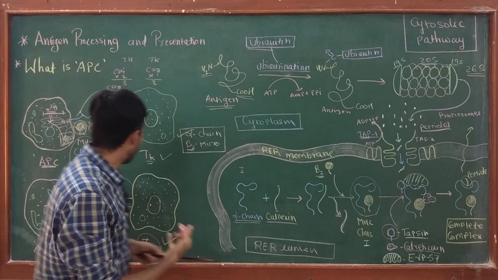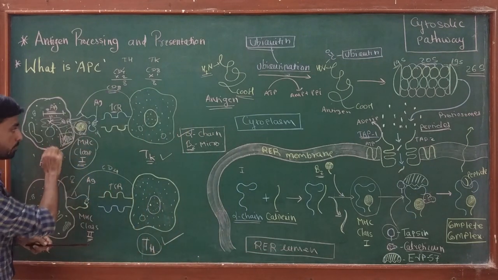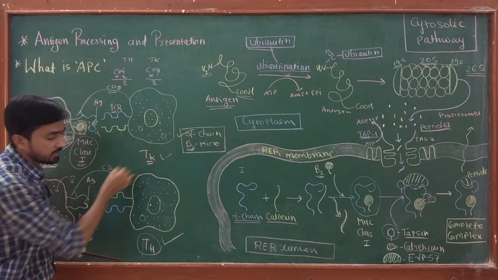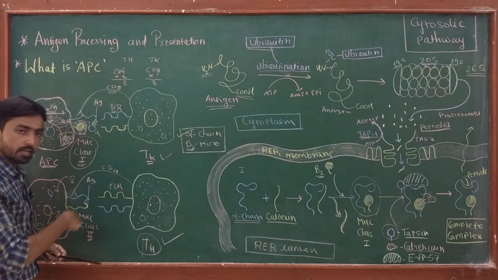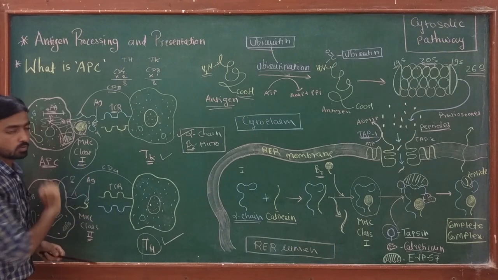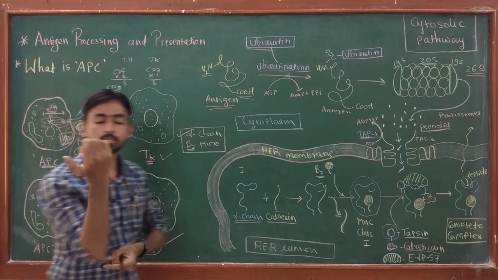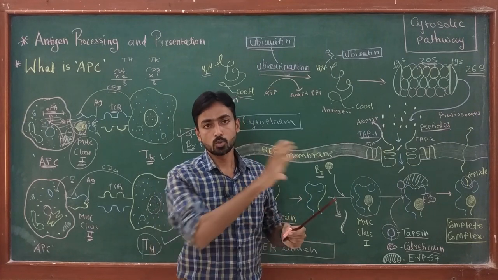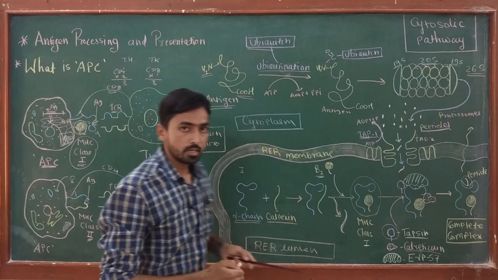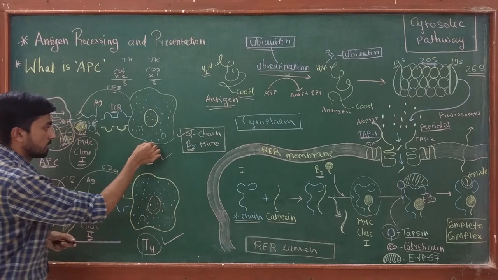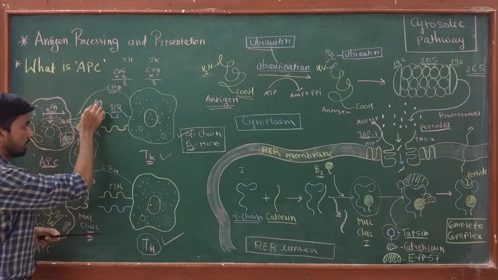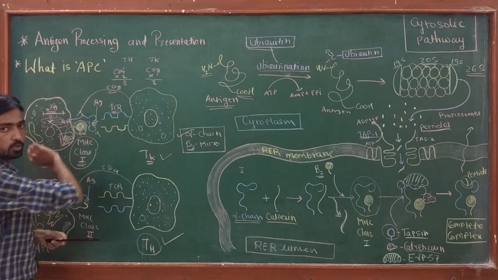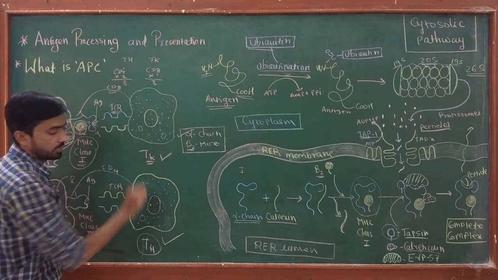In this way, the antigen presenting cell presents the antigenic peptide to the T killer cell by binding on the MHC class 1 molecule. That means now this antigen presenting cell is ready to present the antigen to the T killer cell. And when the T killer cell attaches to the MHC antigen complex with the help of TCR and CD8 molecule, this T killer cell gets activated.